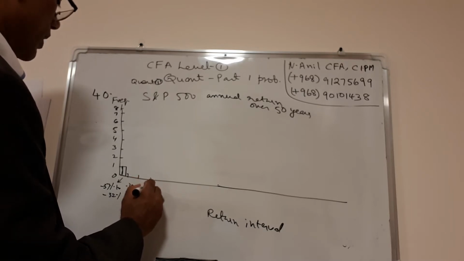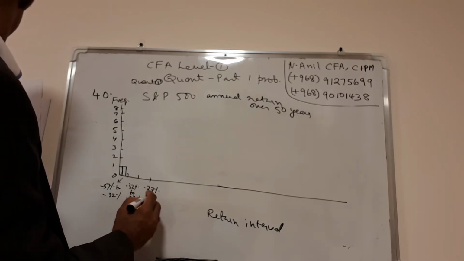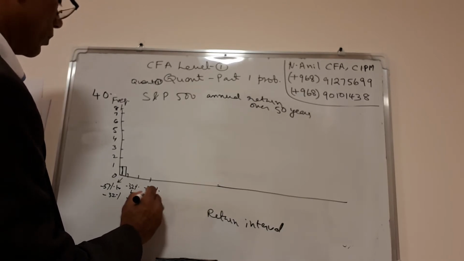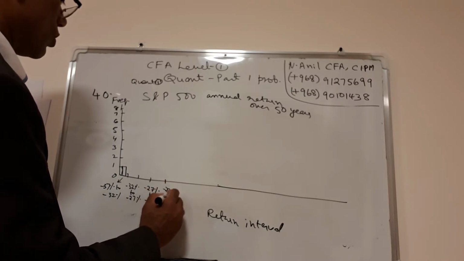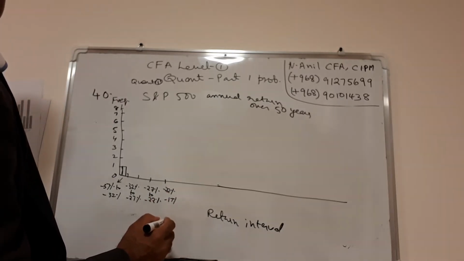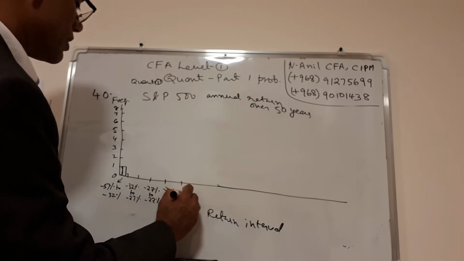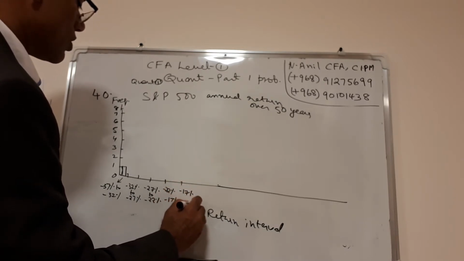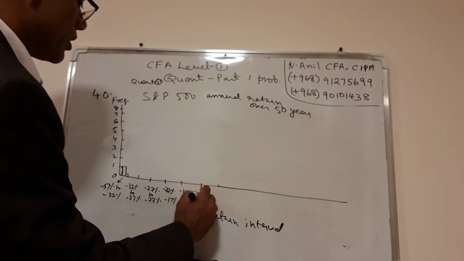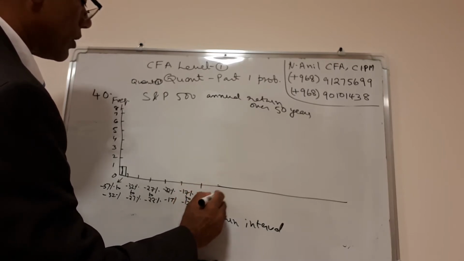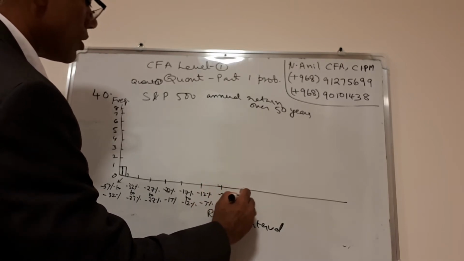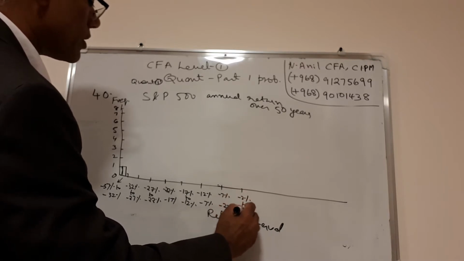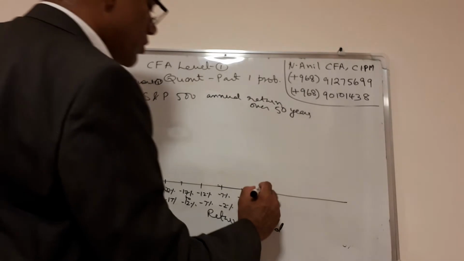So minus 27 to minus 22, then minus 22 to minus 17, minus 17 to minus 12, minus 12 to minus 7, minus 7% to minus 2, minus 2% to 3%. So it is a 5% gap.